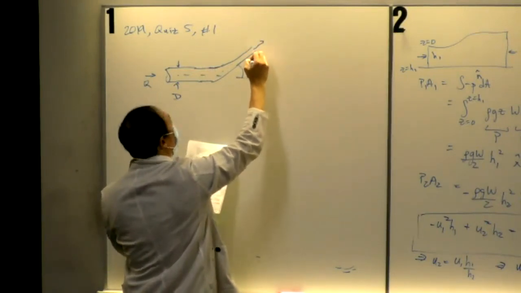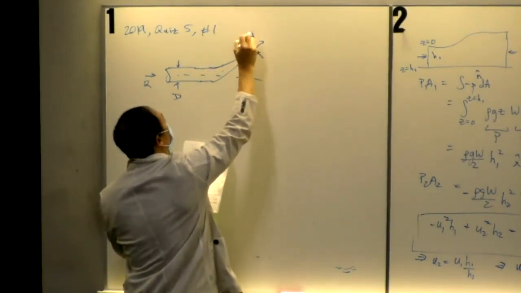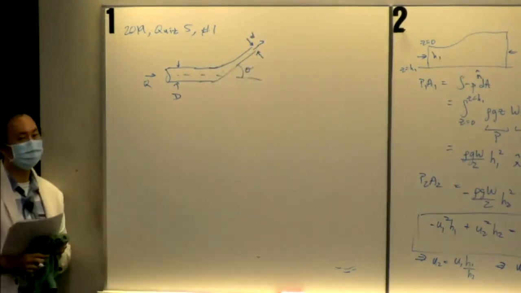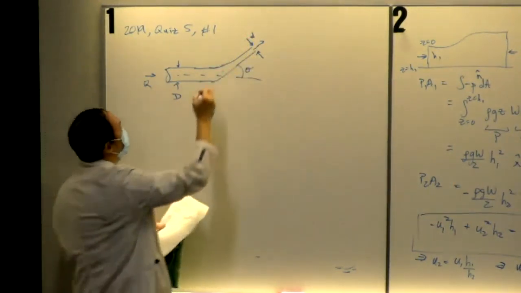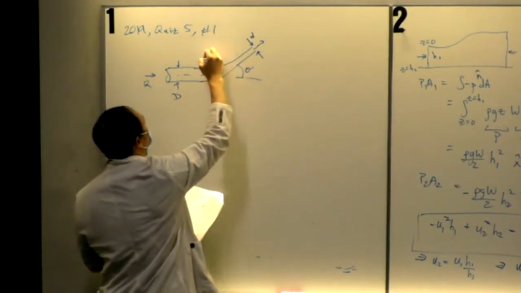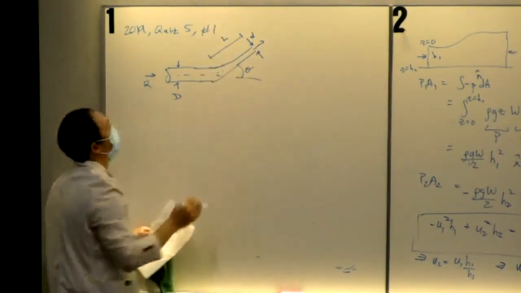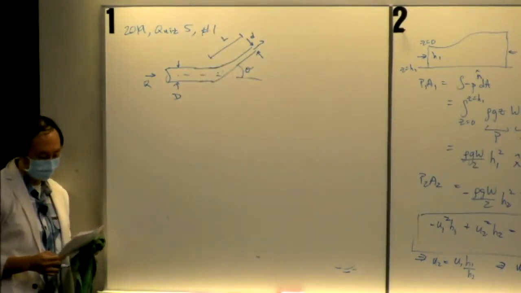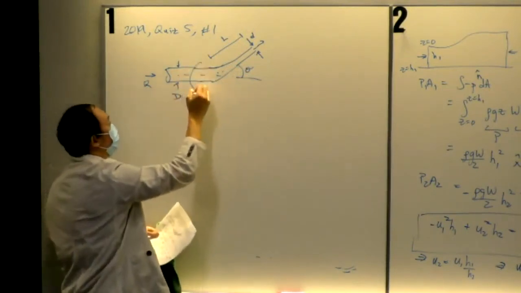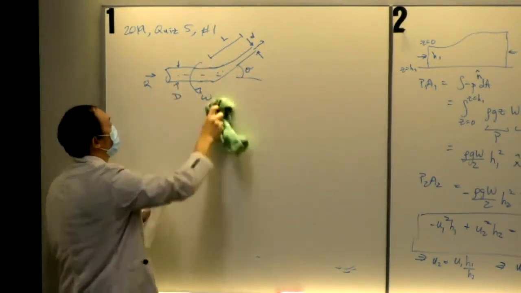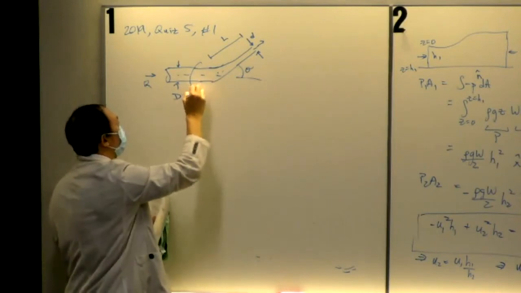Stuff's leaving. So it goes from capital D to little d, and it's got an axis. That has a length there, L, and this whole thing is spinning this way.